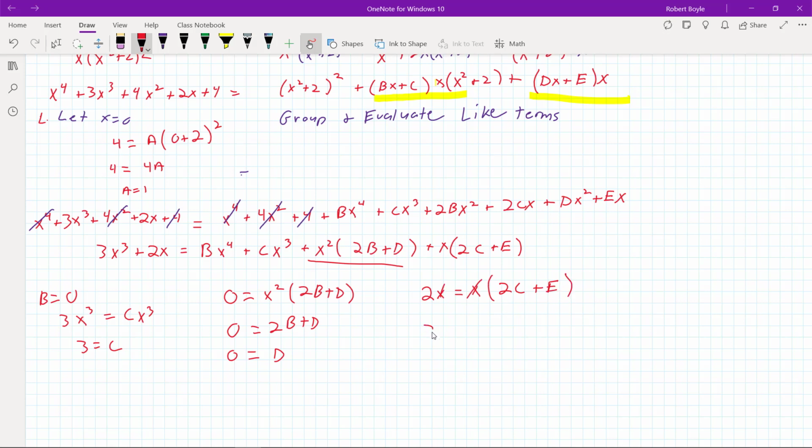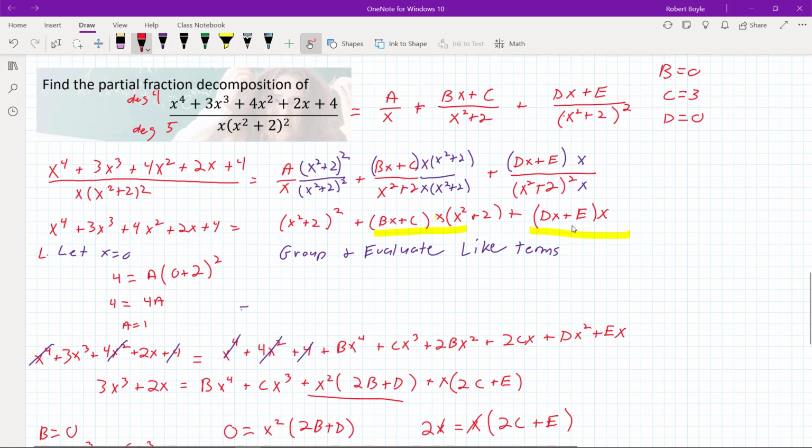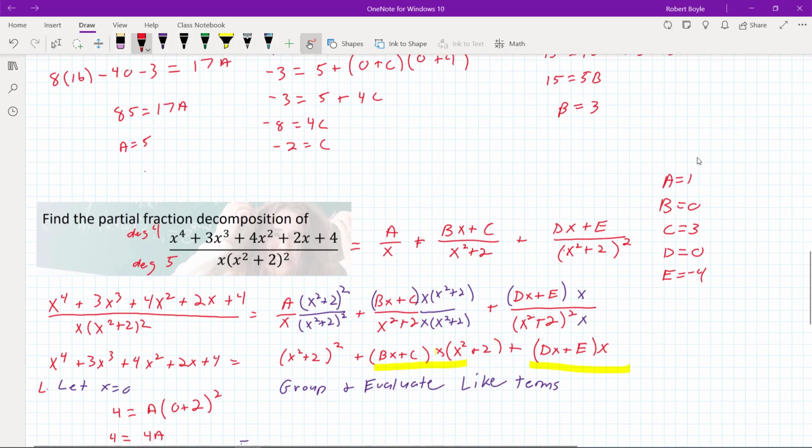All we have is that 2 is equal to 2c plus e. c is equal to 3, so we're going to have that 2 is equal to 6 plus e. And that implies that e is equal to minus 4. I do believe we have a value for a, don't we? There it is, a is equal to 1.